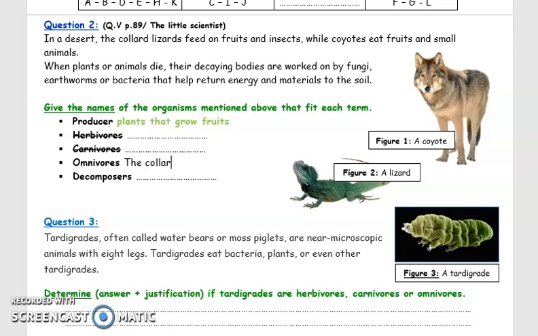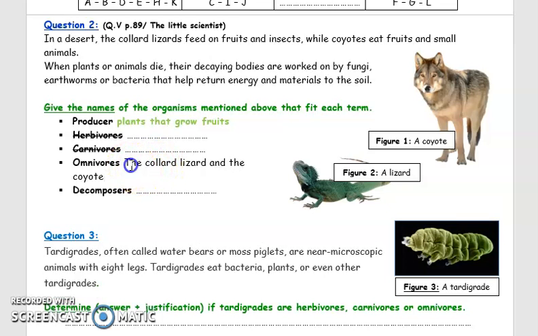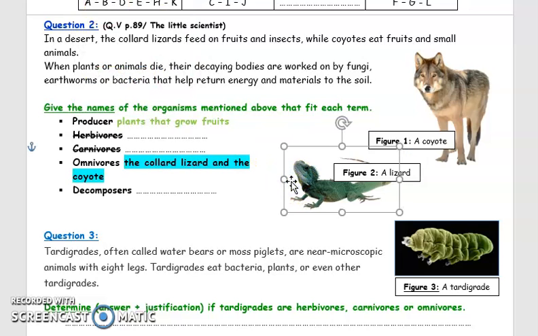The colored lizard and the coyote are omnivorous animals.